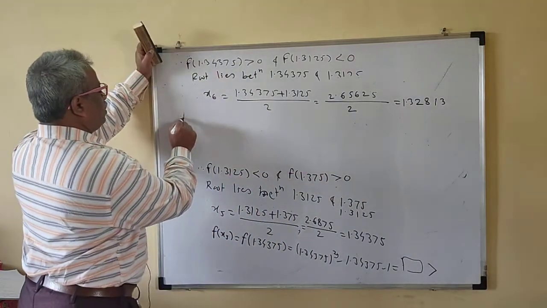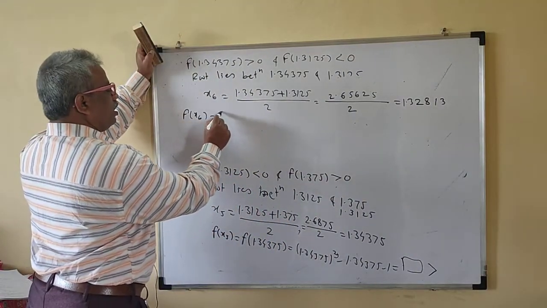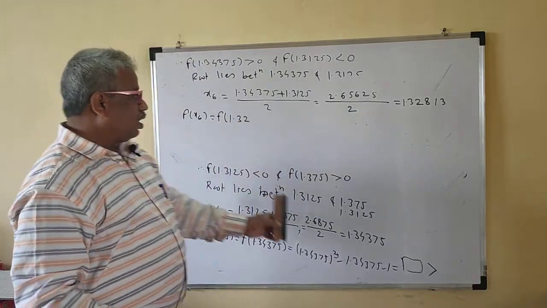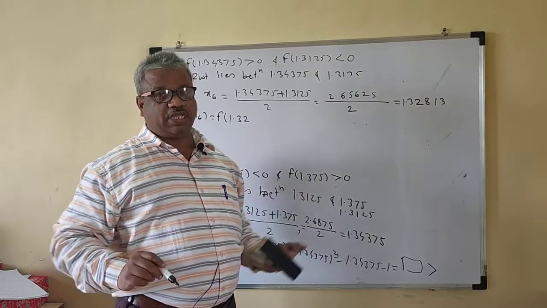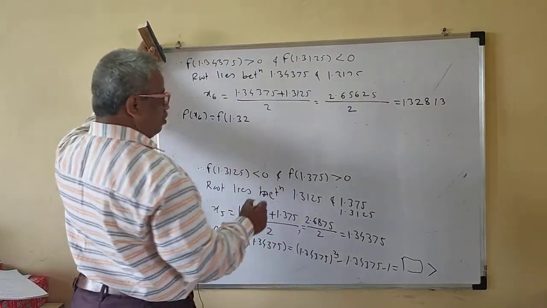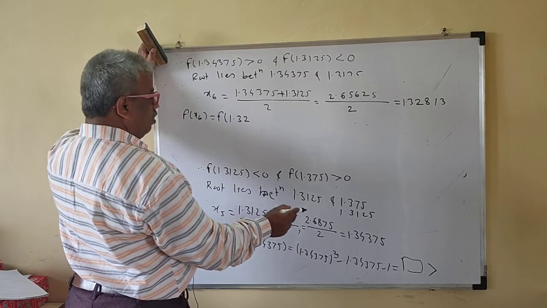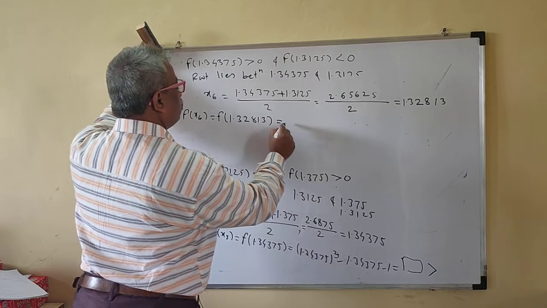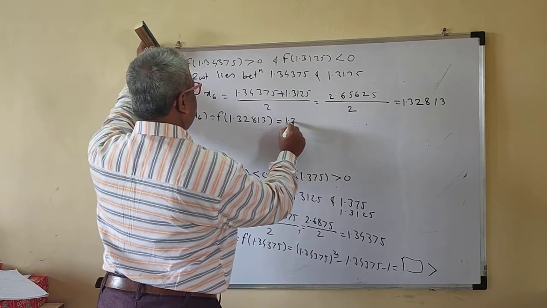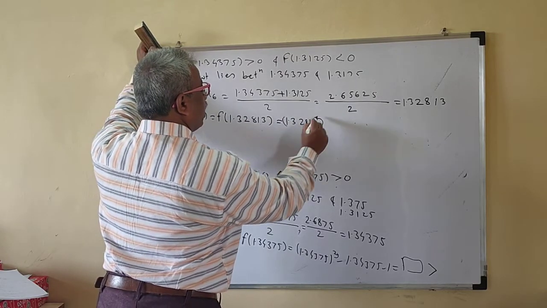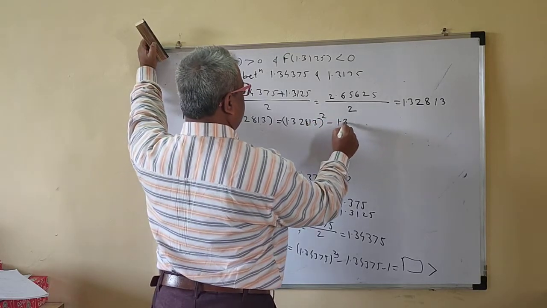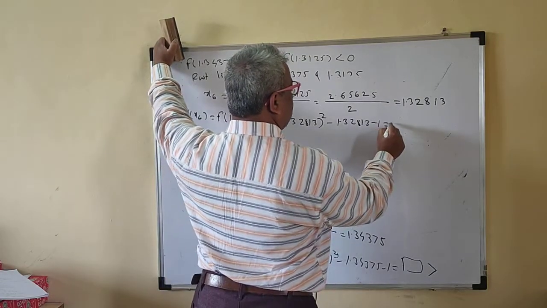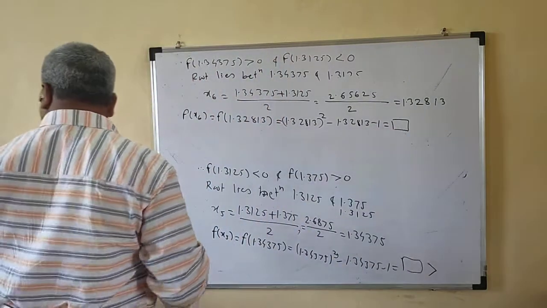Okay, so now we'll find f of x6, that is f of 1.32813. See, the previous one, x5, is 1.34. Again, up to 1 decimal place they are equal now. So this is 1.32813 cube minus 1.32813 minus 1 is equal to, find the value of this with the help of calculator.